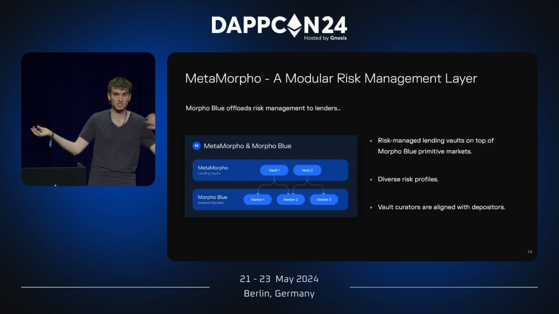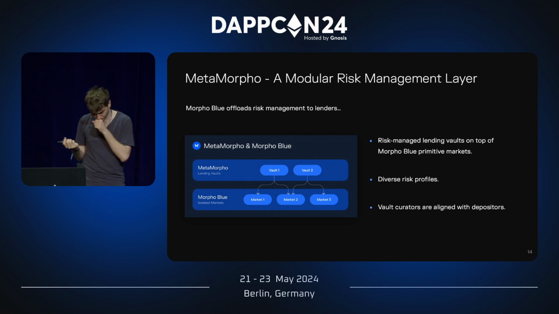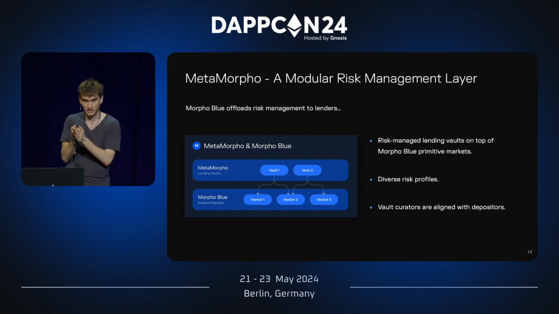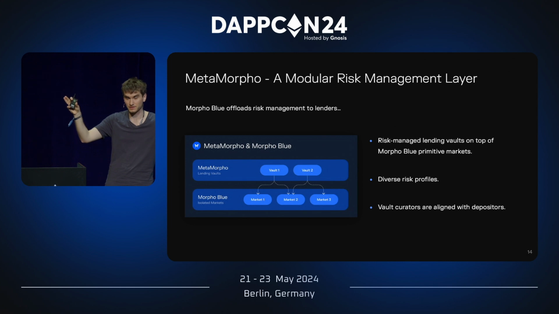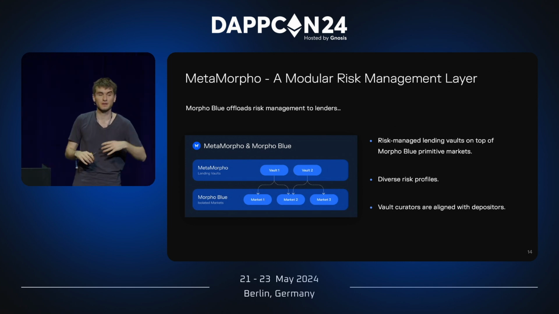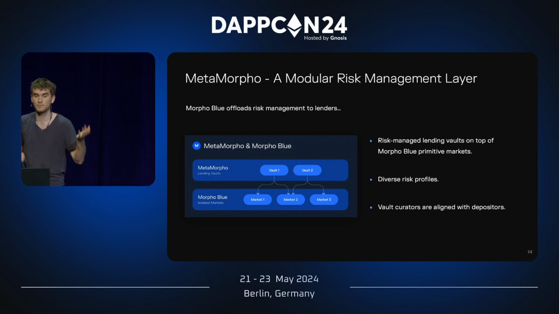Gauntlet, by the way, was initially a consultant for Aave and transitioned to this new model of providing service to users directly. So you go to their vault, you provide liquidity, and they're going to do the risk management on your behalf. This way, you have multiple vaults expressing different risk profiles. Some of them will expose you to real-world assets, to blue chips like stETH, WBTC, et cetera.